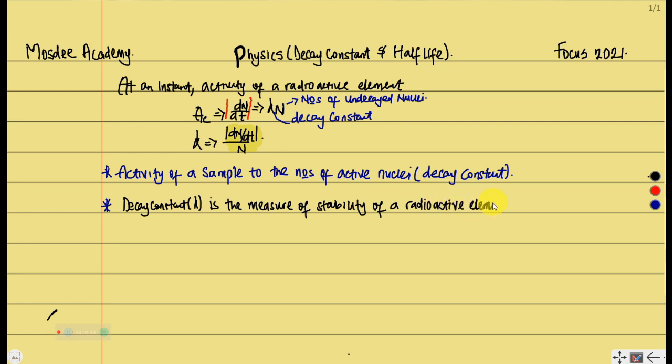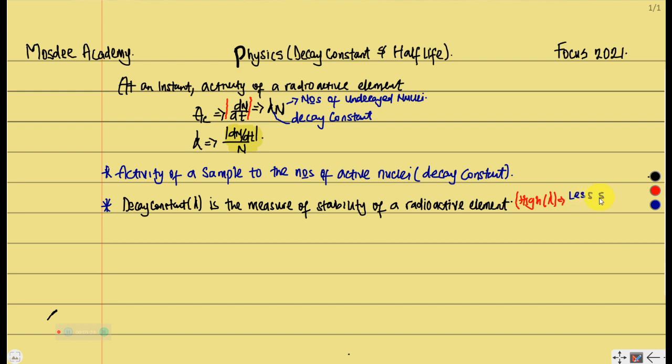From the relationship I have set here, you can say that the decay constant is inversely proportional to stability. That simply means that when you have a high value of decay constant, which is lambda, that particular substance or radioactive element is less stable.